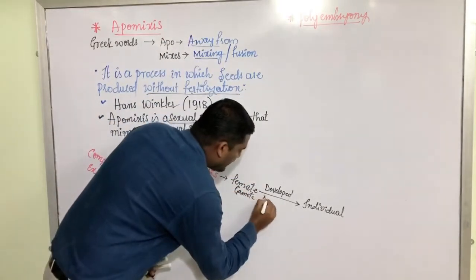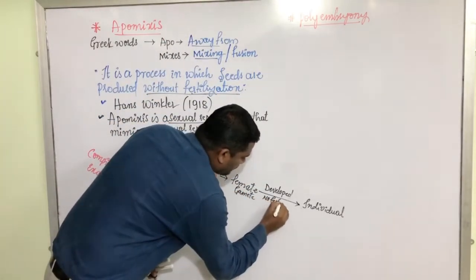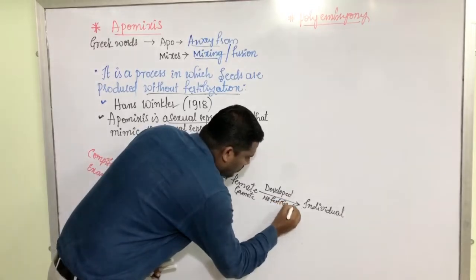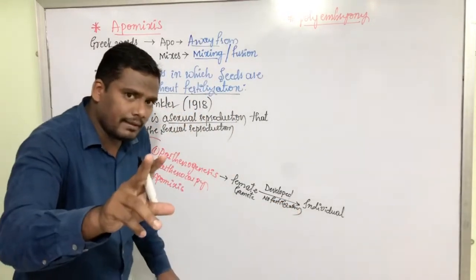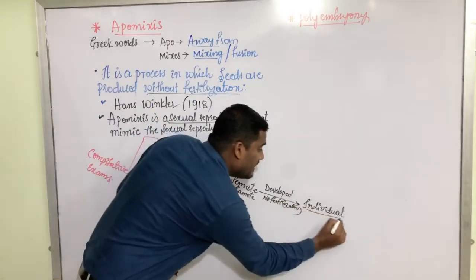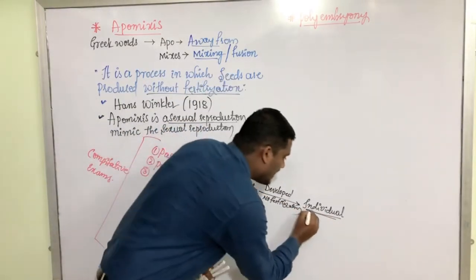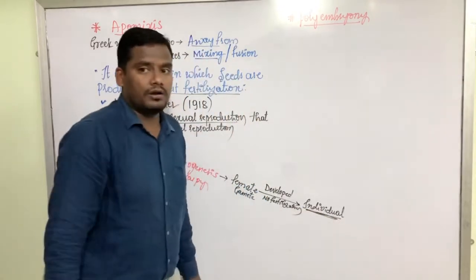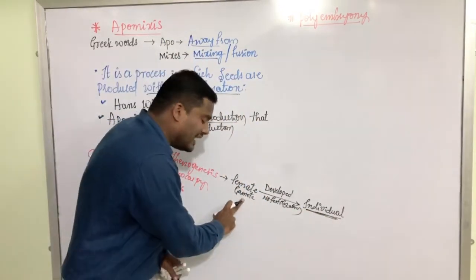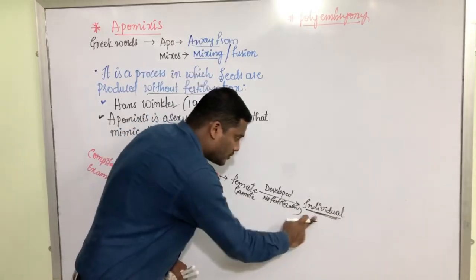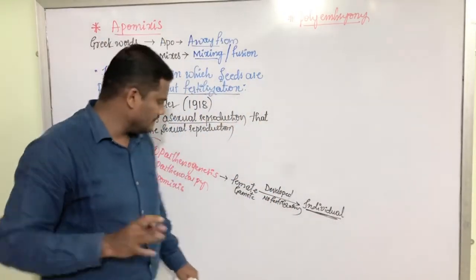That means no fertilization. Why am I stressing this word individual? It is very, very important. In parthenogenesis, the female gamete develops into an individual without fertilization.